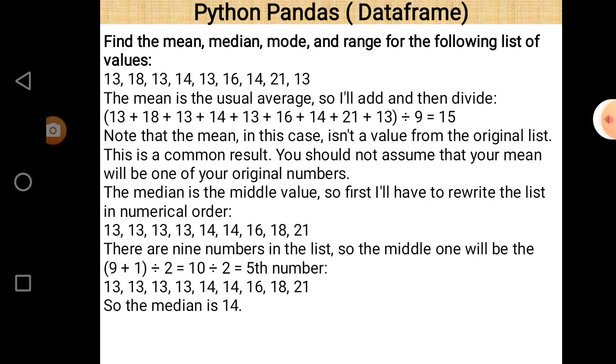There are 9 values, and the middle value is the fifth number, and the fifth number contains 14, so that's why 14 is the median. The formula for this is total number of values plus 1 divided by 2. So in this case we can easily find out the median.